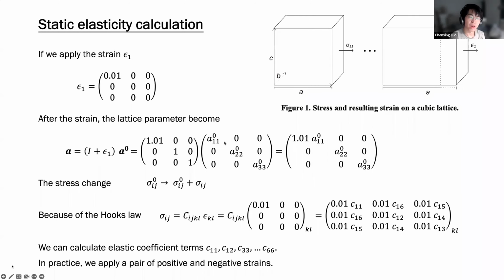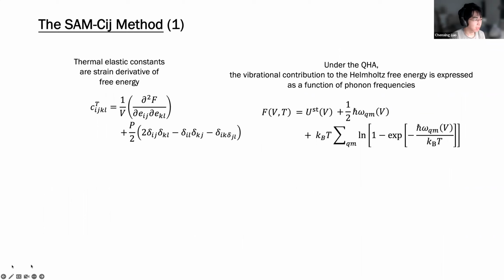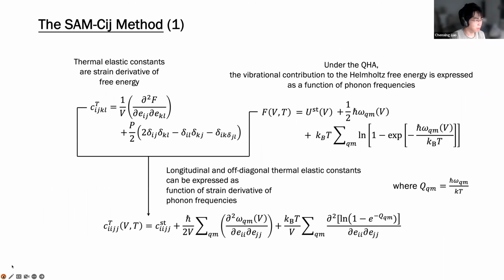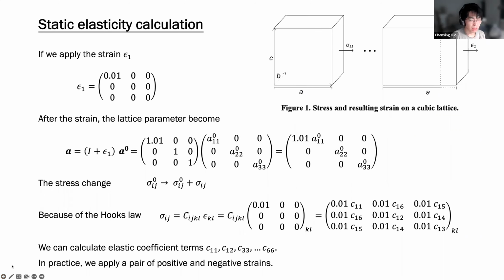This is an orthorhombic crystal. To apply the strain, we multiply this matrix by this strain matrix, that is, 1 plus this strain.